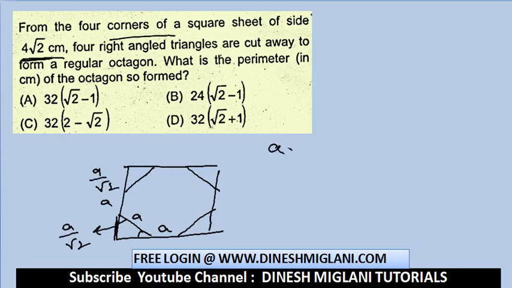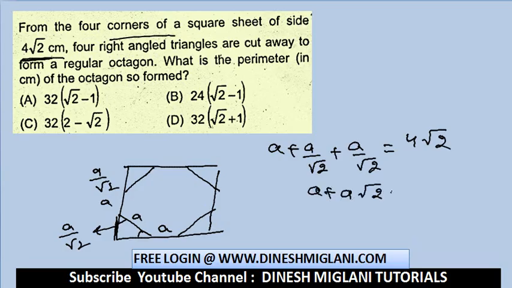Hence I can say A plus A upon root 2 plus A upon root 2 is equal to the square side 4 root 2. So A plus A root 2 equals 4 root 2. So from here I can say A is 4 root 2 divided by 1 plus root 2. Right. Since I have to find the perimeter of the octagon, multiply this by 8.